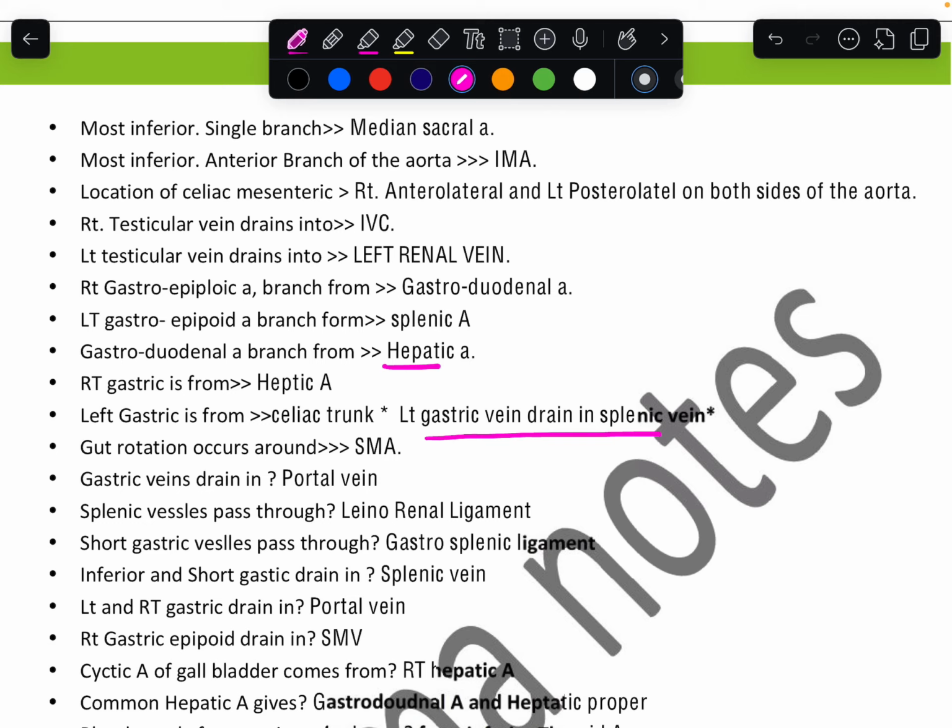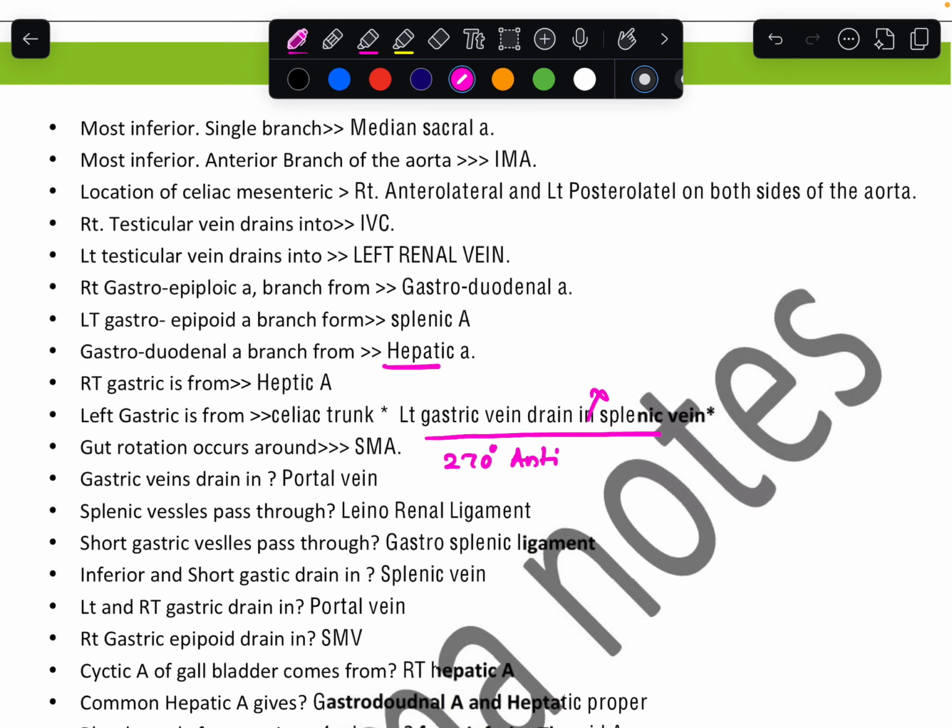Inferior mesenteric vein joins the splenic vein, and splenic and superior mesenteric both join to form portal vein, and there is left gastric vein. This is not true, drain into splenic vein, no. Gut rotation occurs around SMA, 270 degree anti-clockwise. Anti-clockwise. Gastric veins drain in this is what? Portal vein. Left gastric vein drains.